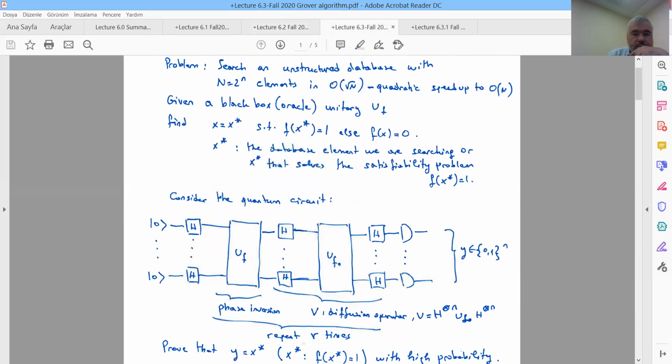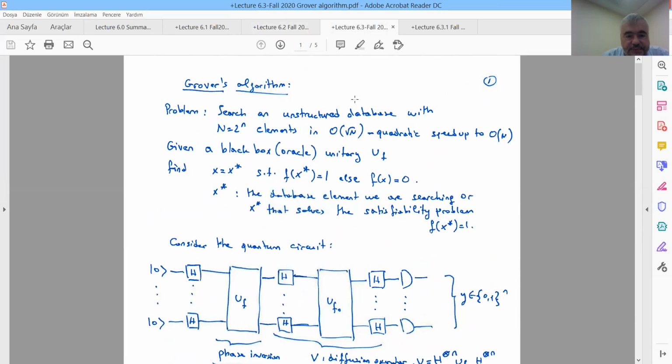Again, let me restate the problem. We are searching an unstructured database of capital N equals 2 to the n elements, the quantum states of n qubits. They represent the elements in an unstructured database.